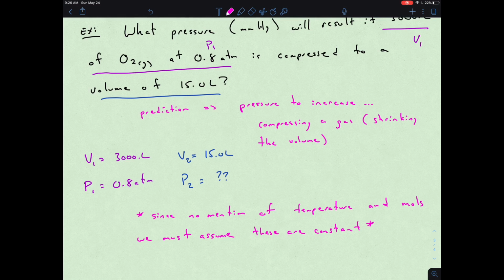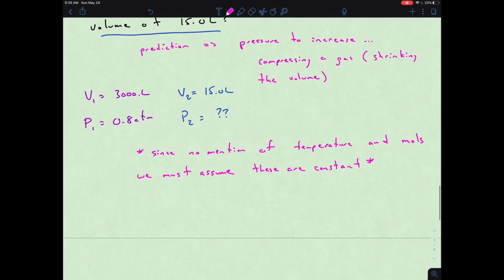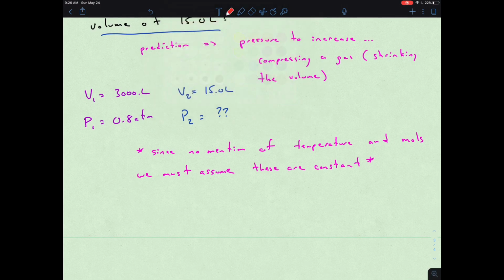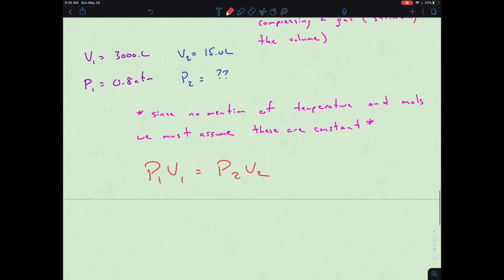And so that allows us now to set up this simple relationship between a set of initial conditions, P1V1, and then our second set of conditions, P2V2. And so we can just plug these values in. We had our pressure of 0.8 atmospheres, that volume of 3,000 liters.